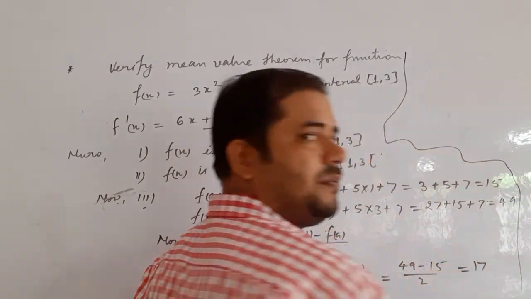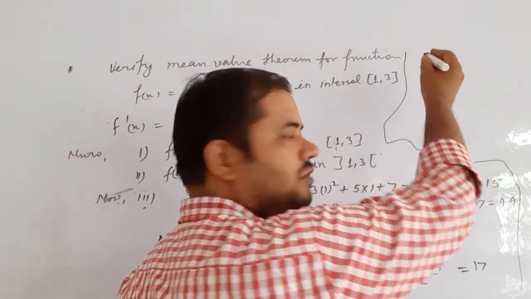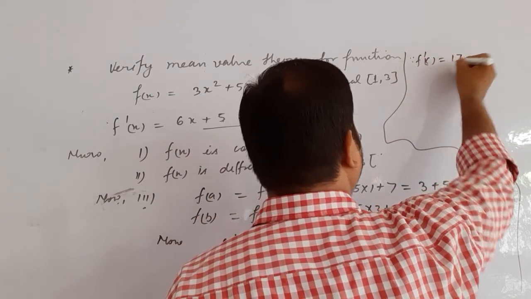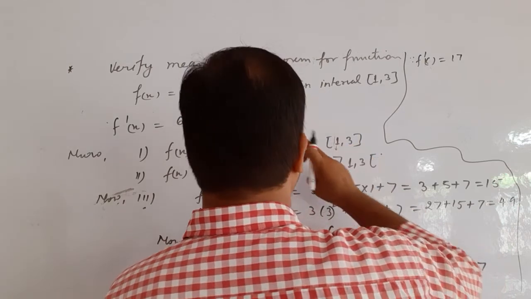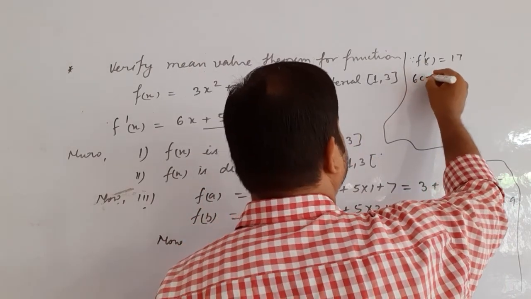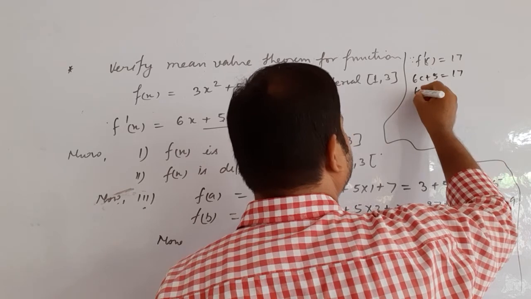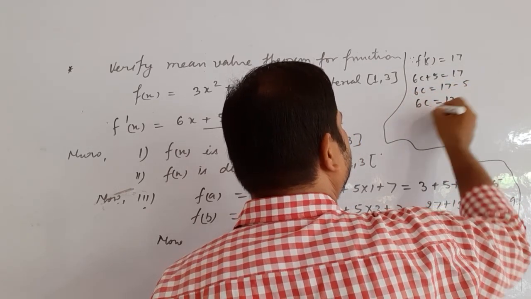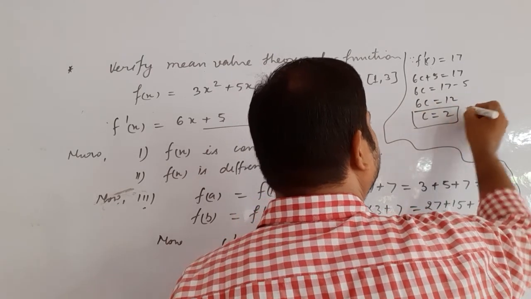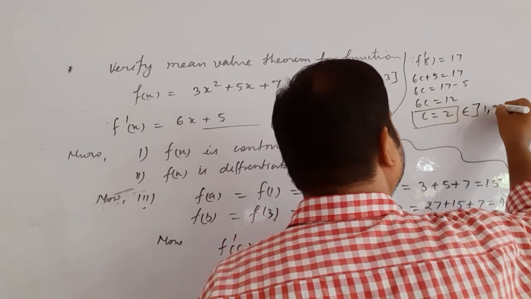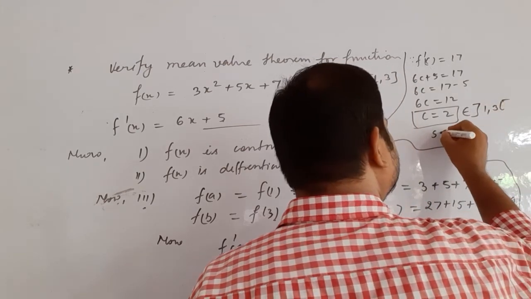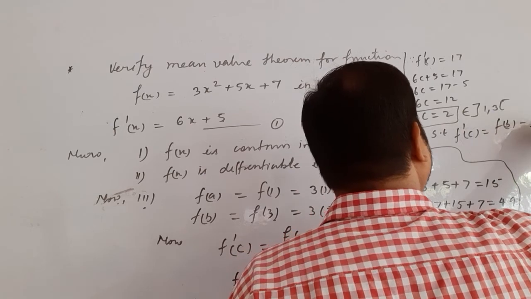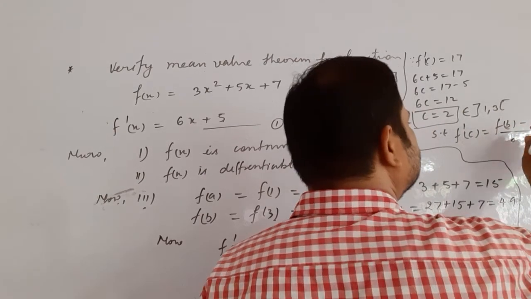Okay. So since f dash c is equal to 17, and f dash c is 6c plus 5 equal to 17, so 6c is equal to 17 minus 5, 6c is equal to 12, so c is equal to 2, and you know very well this belongs to open interval 1 comma 3 such that f dash c is equal to f(b) minus f(a) divided by b minus a.